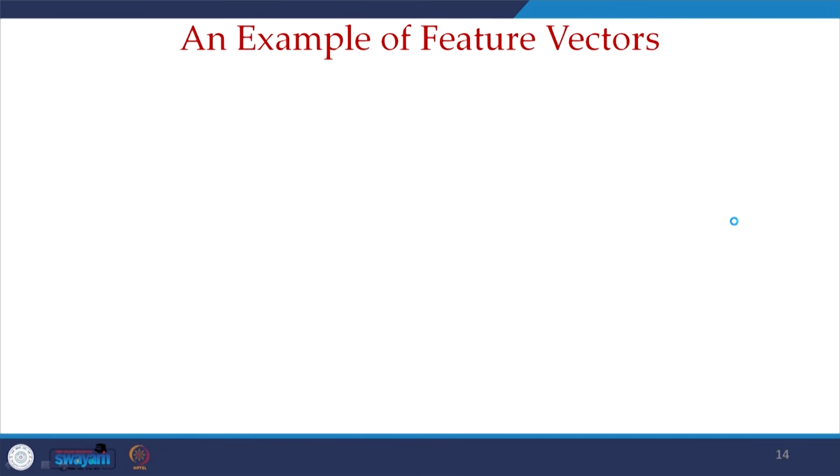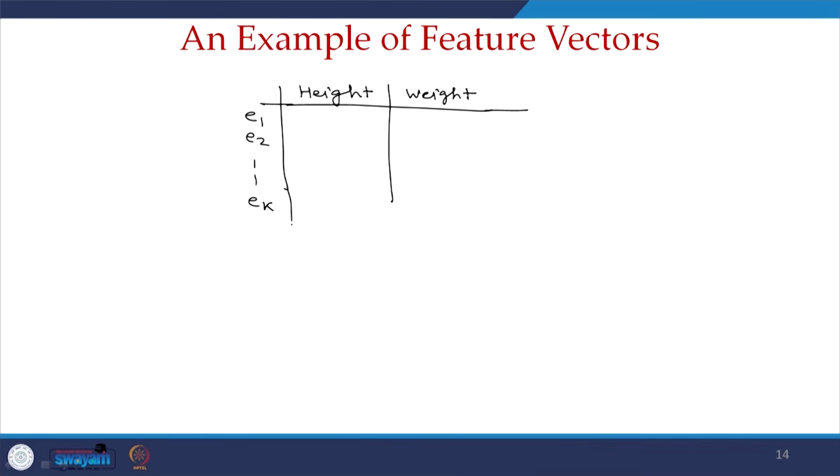So, an example of feature vectors, meaning how we can see vectors in machine learning. Take a very simple data set. I have data of the employees in an office: their height and weight, and then the employee ID, let us say E1, E2, ..., EK, and then some numbers alpha 1, beta 1, alpha 2, beta 2 and so on, alpha k, beta k.